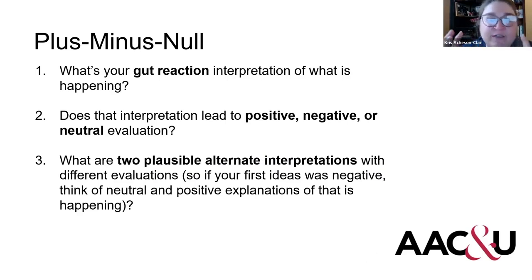And then to get them to imagine and explore other possible interpretations by deviating to the other potential options. So if they start with positive, then they should try to imagine a negative interpretation and evaluation, or a neutral interpretation and evaluation.